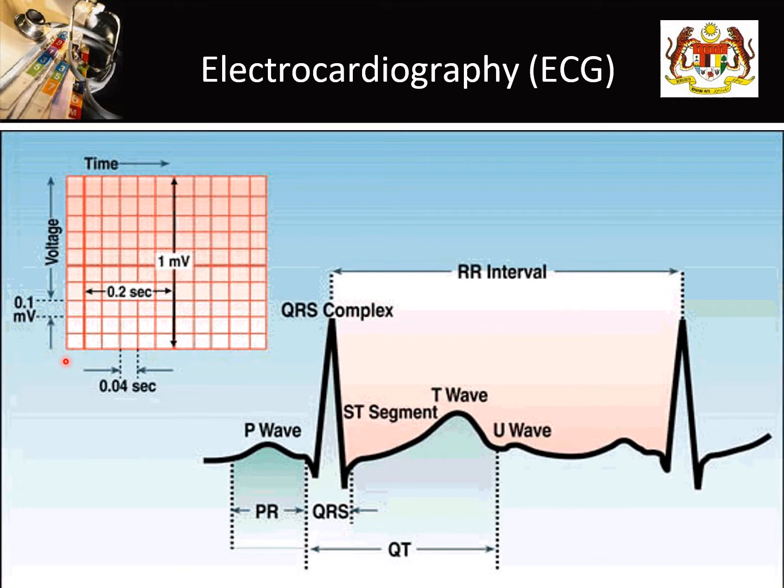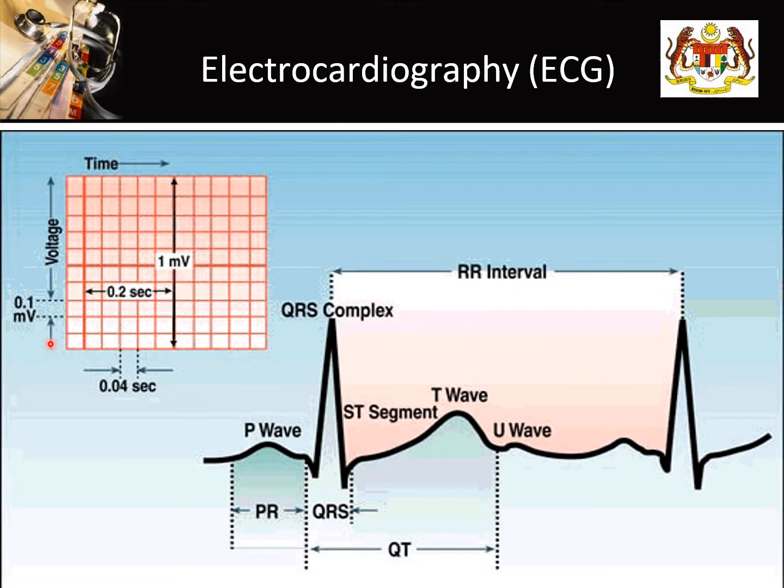Next we go to the y-axis, which is the voltage, or current, of the ECG wave. This axis is also important because we want to see whether the ST segment elevation is significant enough to diagnose acute ST elevation MI, or sometimes whether the ST depression is significant or not.